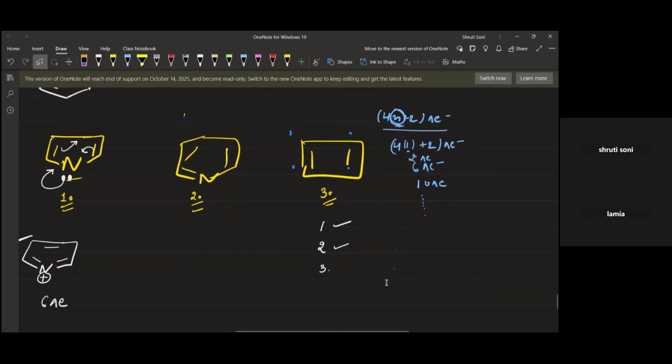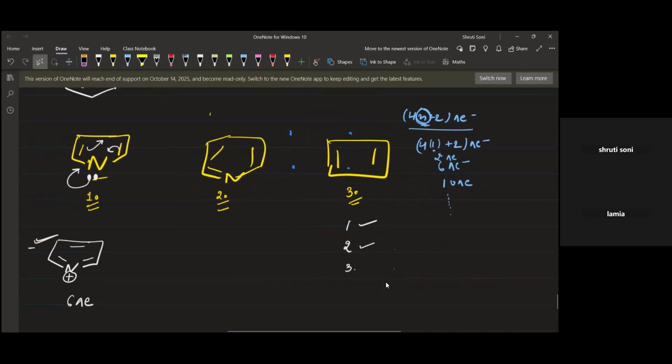Okay, so see, this whole compound has how many pi bonds? Two pi bonds. And each pi bond has how many electrons? Two. So two pi bonds means a total of 4 pi electrons.